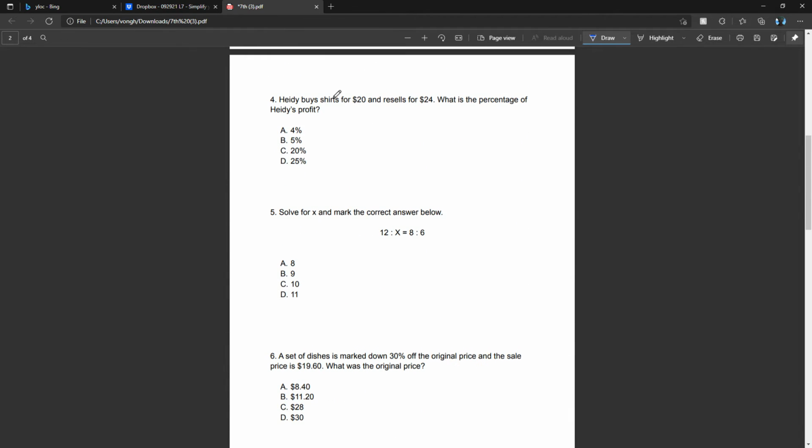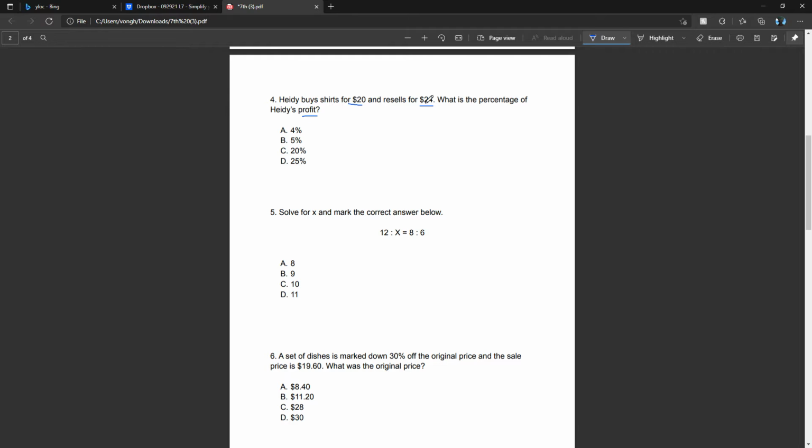I'll do 4. So Heidi buys a shirt for $20 and then she resells them for $24. What is the percentage of her profit? So profit basically means how much money does she make from it. Now, she doesn't make $24, she makes a different amount.